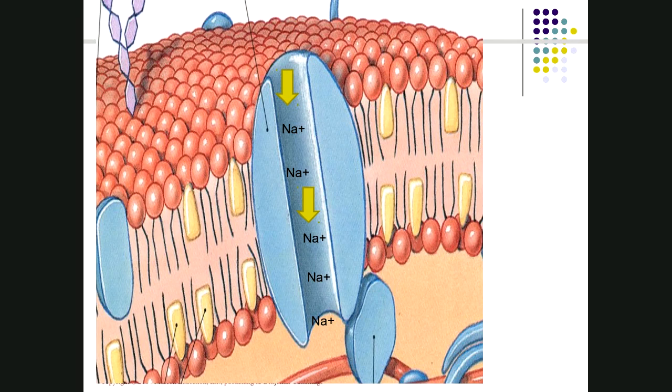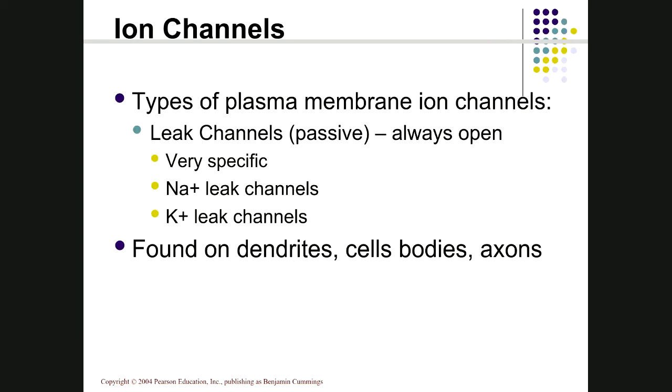Does this make sense to everyone? Does everybody understand what leak channels are? So again, they're always open, which means they don't have a door on them. So when you look at a leak channel, there's no door. It's always open. So anytime the sodium is higher on one side or the other, it can leak through. And it can leak in both directions.